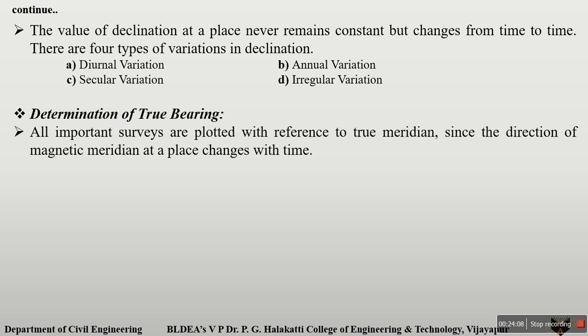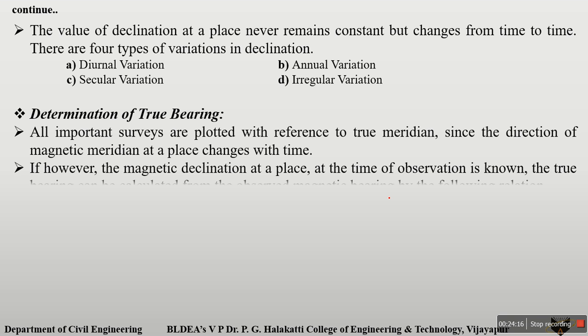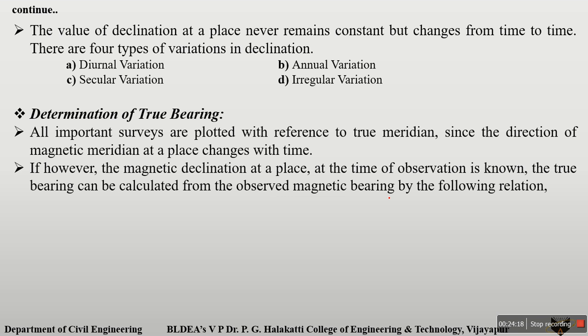In that condition they refer to the true meridian for marking the places. For calculation of the true bearing, the general formula is magnetic bearing plus or minus declination.